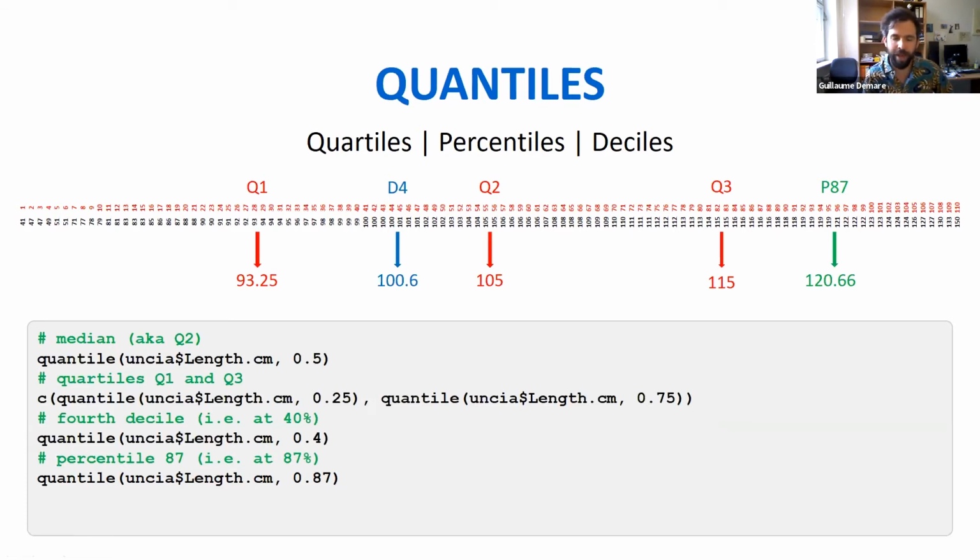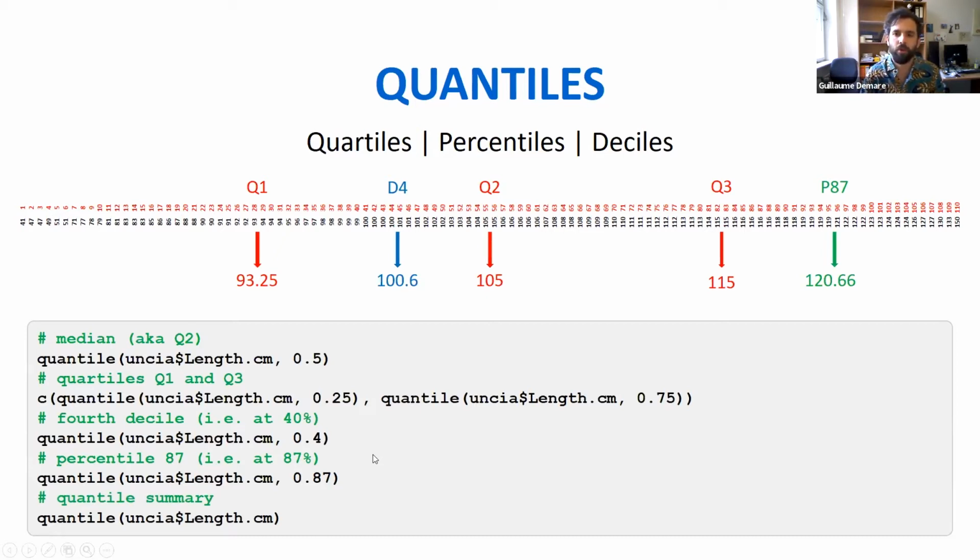It will probably never be useful to look at the percentile 87. But sometimes you might want percentile 95. If you just type quantile without specifying which value you want, you'll get a summary.